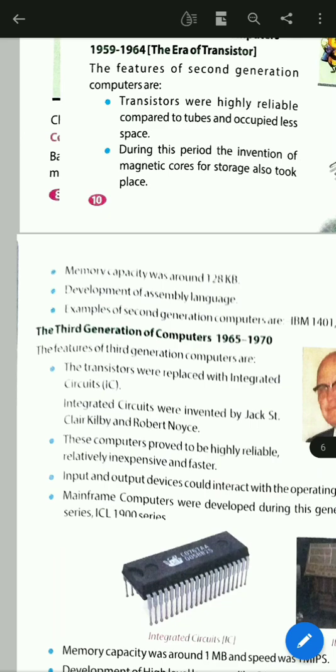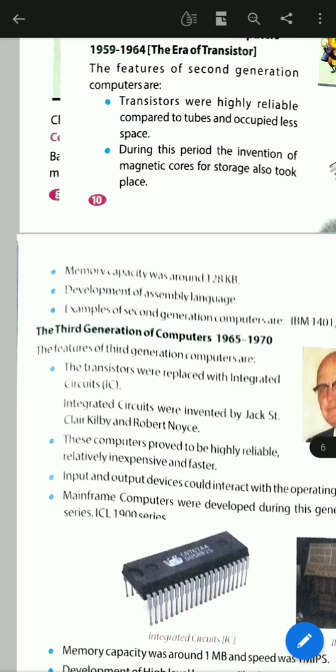Development of high level languages like COBOL and Fortran. So in this period, high level languages were developed like COBOL and Fortran.